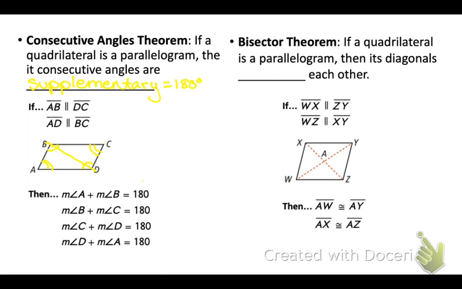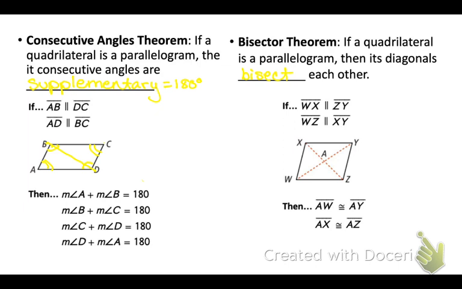Okay, bisector theorem. If a quadrilateral is a parallelogram. Again, if it is a quadrilateral and a what? Parallelogram. It has to be both. Not all quadrilaterals does this apply to. Then the diagonals bisect each other. So what does that mean?